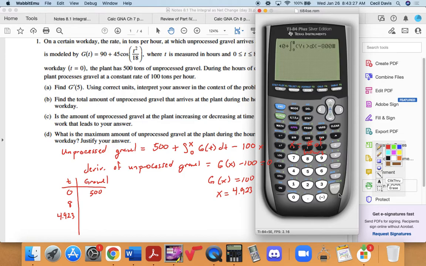We're processing 100 tons of gravel every hour for 8 hours. This is 525.551.